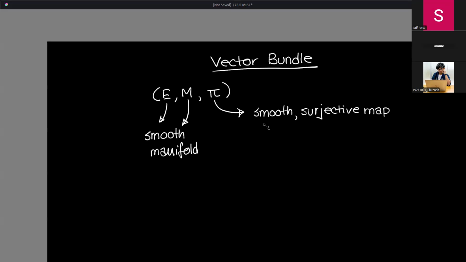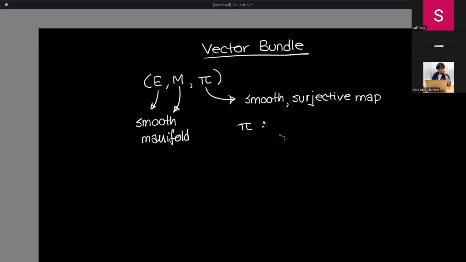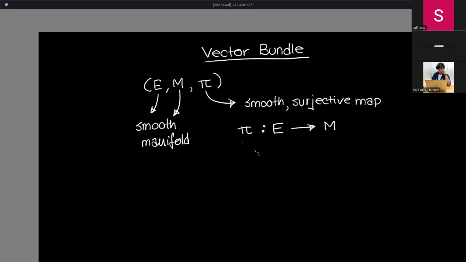Mapping M to E. Did I get that right? Sorry, I got that flipped. It goes from E to M. And this is called the bundle projection map.